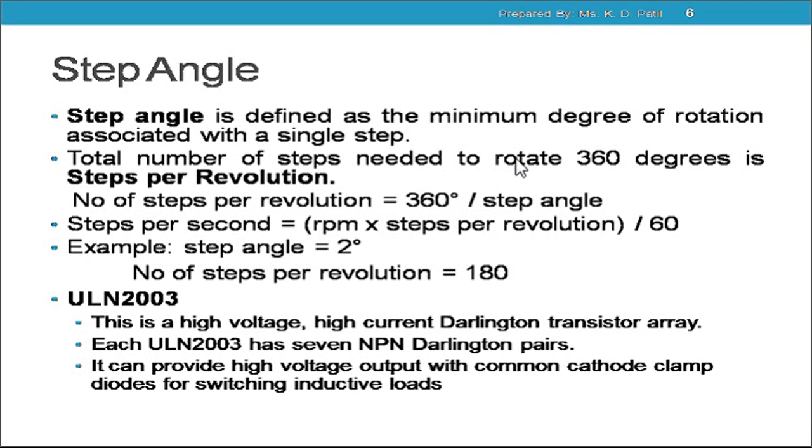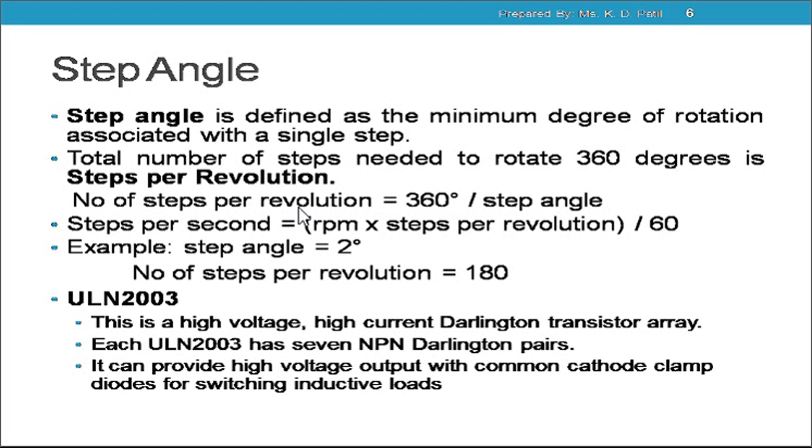Now let us see what is step angle. Step angle is defined as the minimum degree of rotation associated with a single step. Total number of steps needed to rotate 360 degrees is steps per revolution.